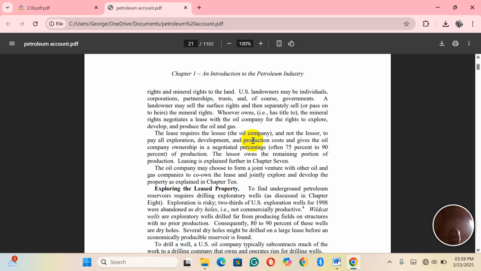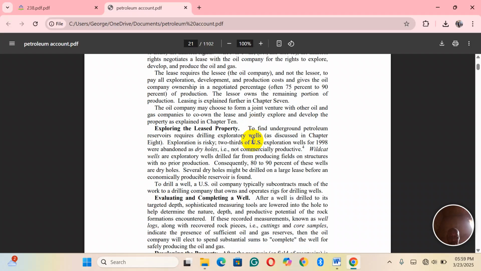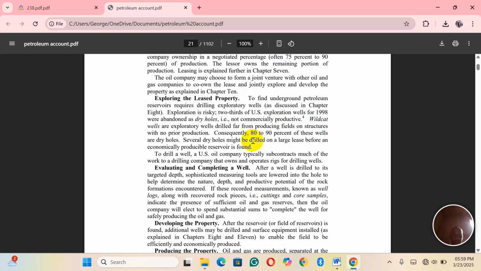Then we're looking at exploring the leased property. Finding underground petroleum reservoirs requires drilling exploratory wells. Exploring is risky. A third of US exploratory wells in 1992 were abandoned as dry holes, so not commercially productive.